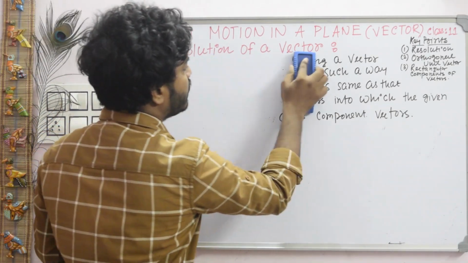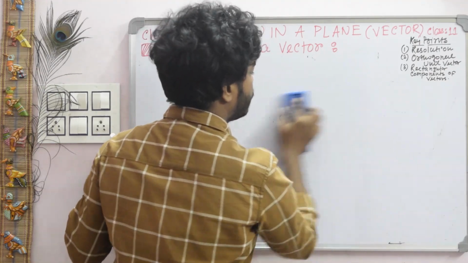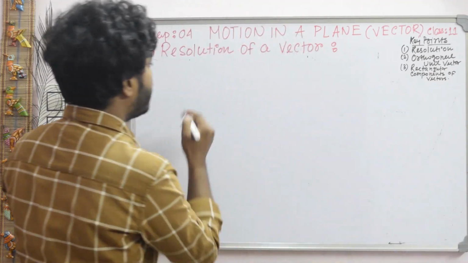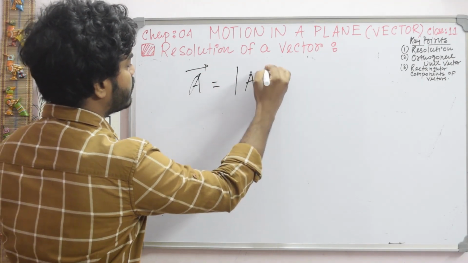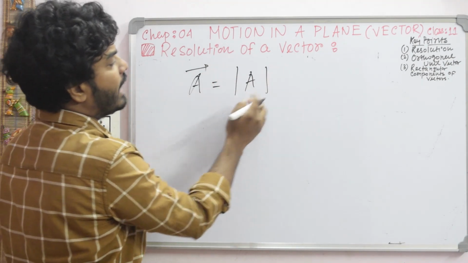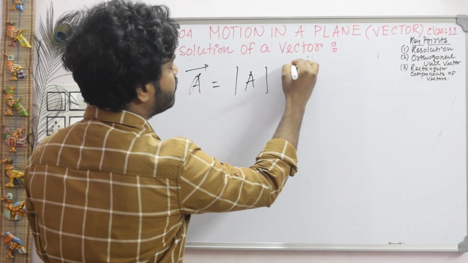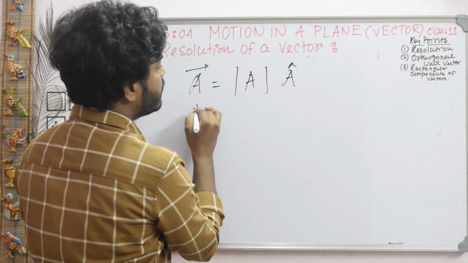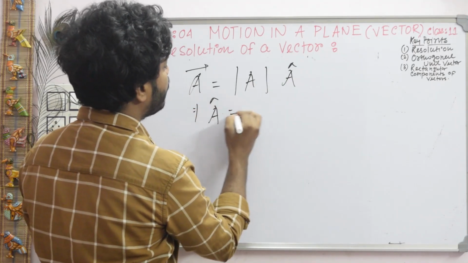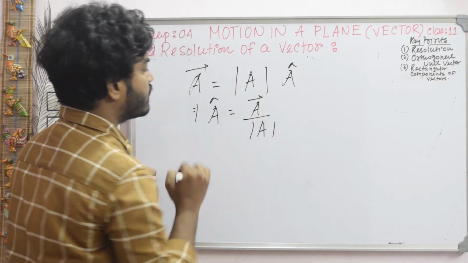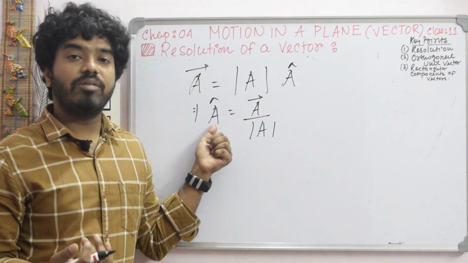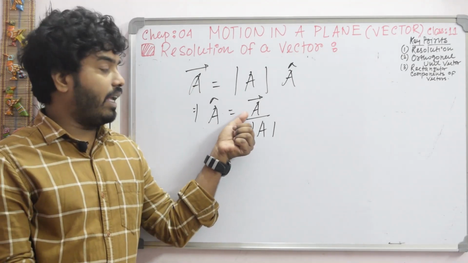Suppose a vector A. It has magnitude, which is represented by mod A, and it has direction, which is represented by A cap. Here A cap represents the unit vector of vector A.